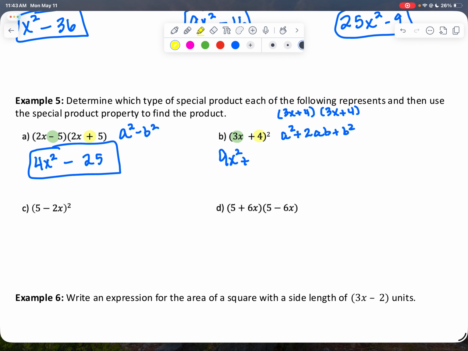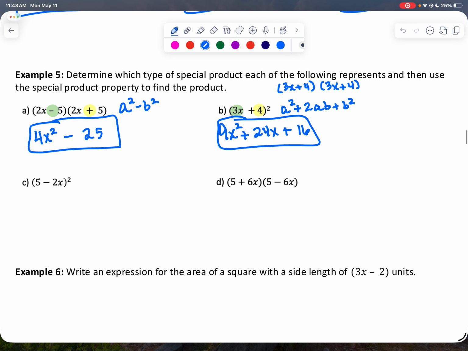So 3x times 4 is 12x, and double that to get 24x. And then you put a plus, and then to get your last number, you square the second term. So 4 squared is 16. So 3x plus 4 quantity squared becomes 9x squared plus 24x plus 16.